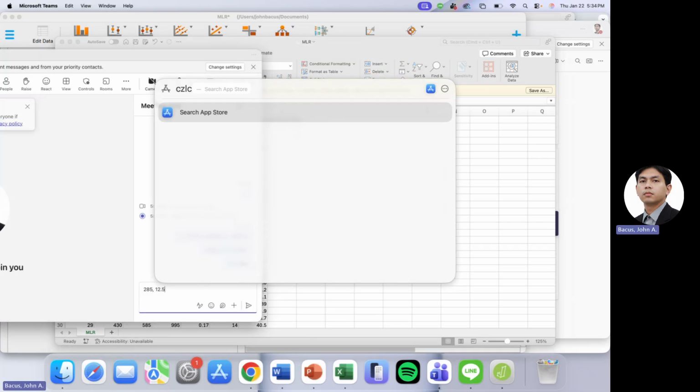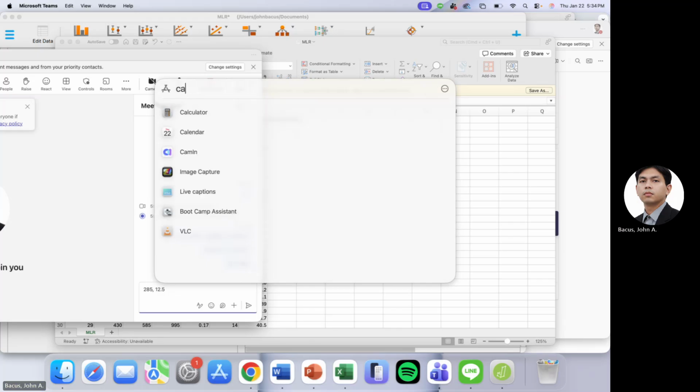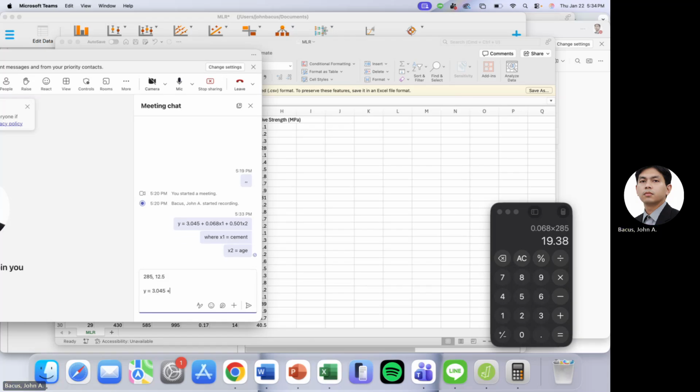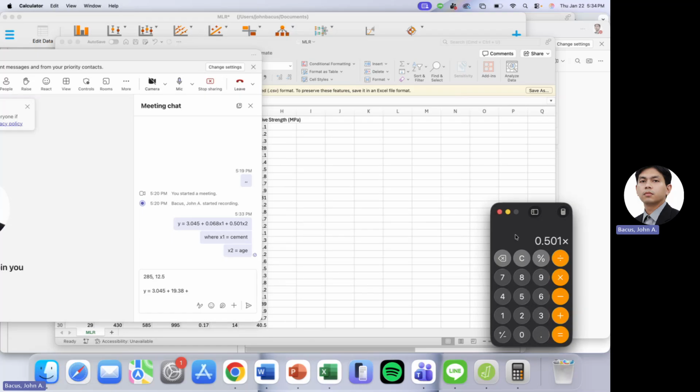So, if we use our calculators, that's 0.068 times 285 is 19.38. 0.501 times, yung H is 12.5, 6.2625. I-add natin lahat. Plus 19.38 plus 3.